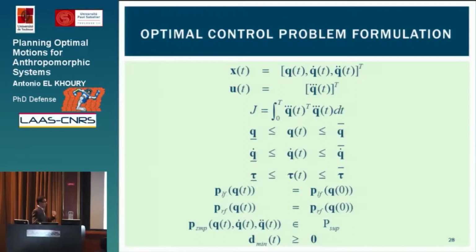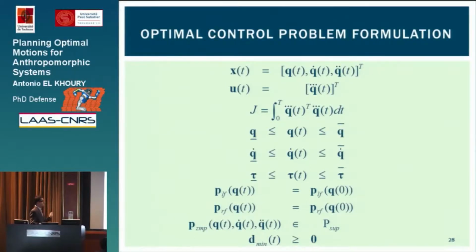Since in the first part we had planned on a constrained manifold where we had a fixed position for the two feet, we include those two kinematic constraints here, where we constrain the 6D position of each foot to stay constant during the whole motion.